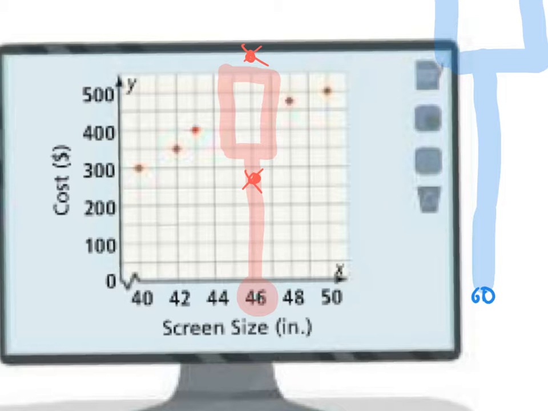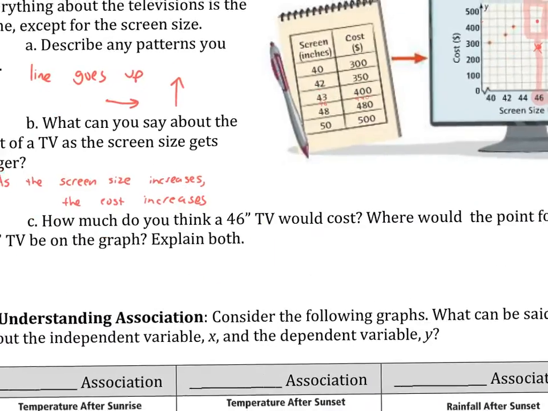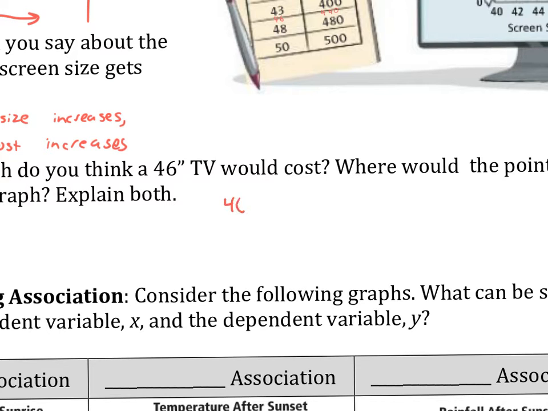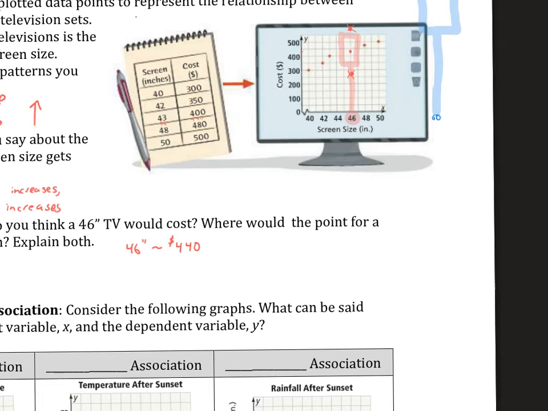So my guess is it fits kind of nicely right there. So if I did interpret this, if you said 440, 430, 450 is probably reasonable as well. So for a 46-inch, we would say is approximately $440. And that's a reasonable interpolation. There's a great word for you.